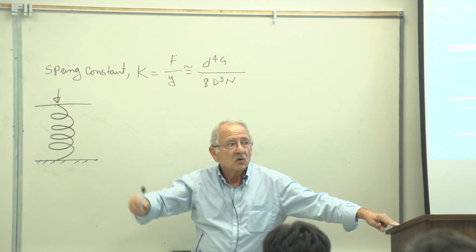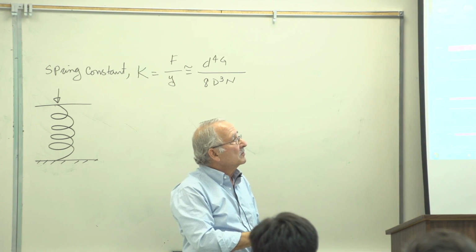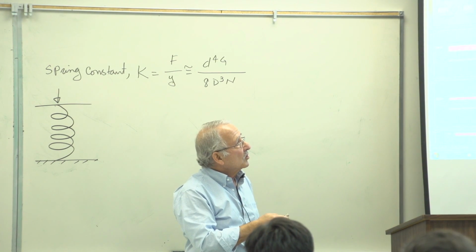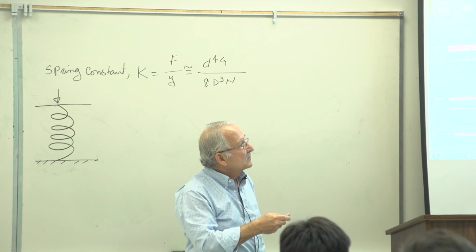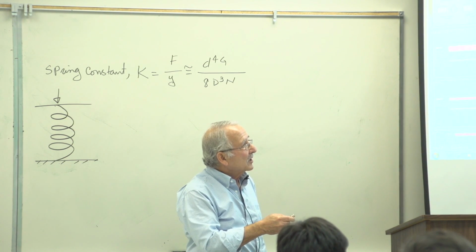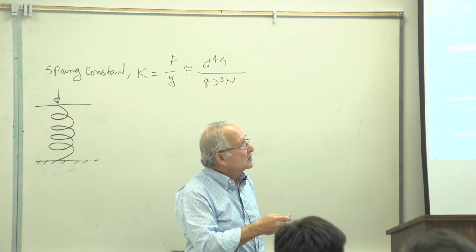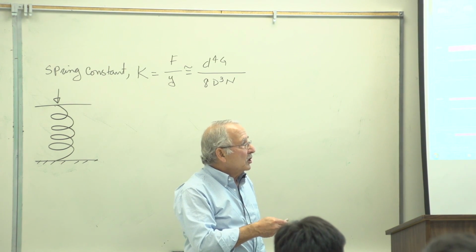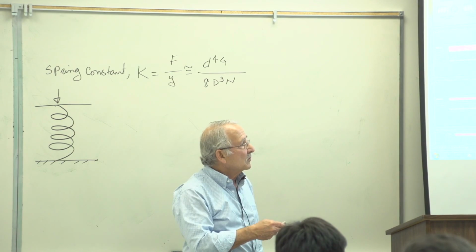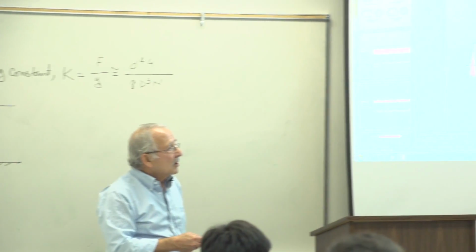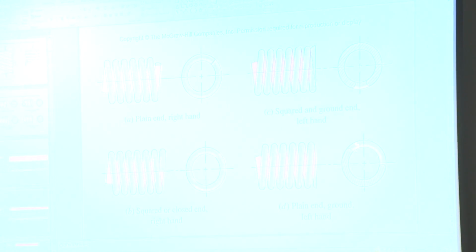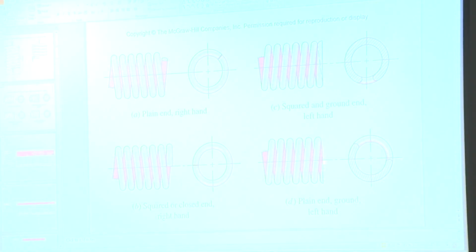However, you can do this. You can square the ends like that and grind them. That crosshatch means it's ground. Or you can square them and not grind them, such as that. Or, rather than just cutting them, which is called plain end, you can grind it a little bit and flatten it out.